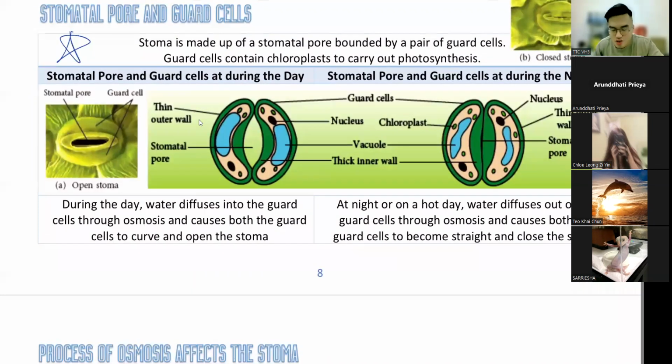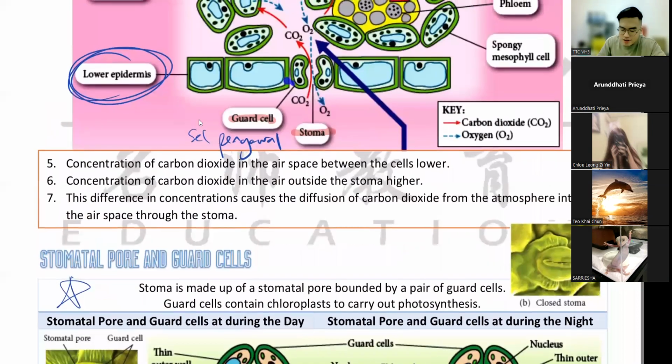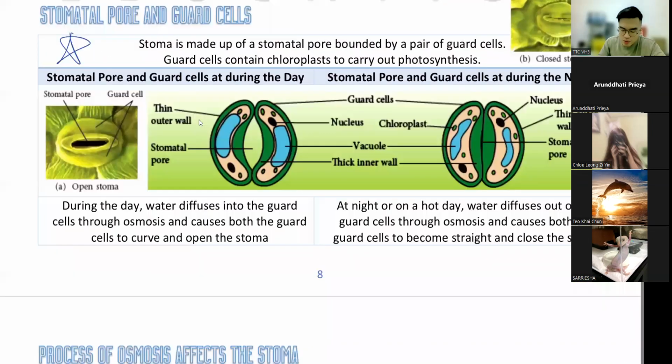What happens to the stoma in the daytime, when the sun comes up, when it's time to do photosynthesis? When a plant is doing photosynthesis, they need carbon dioxide, right? They need to start doing gaseous exchange. So what they will do, their guard cells will absorb water. Water diffuses into the guard cell.